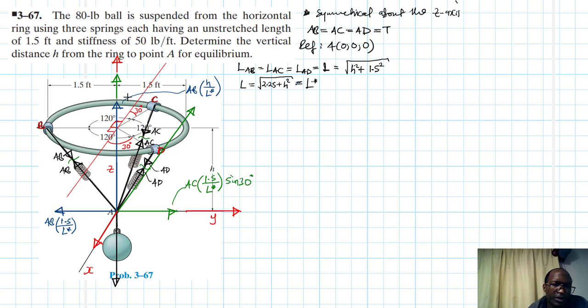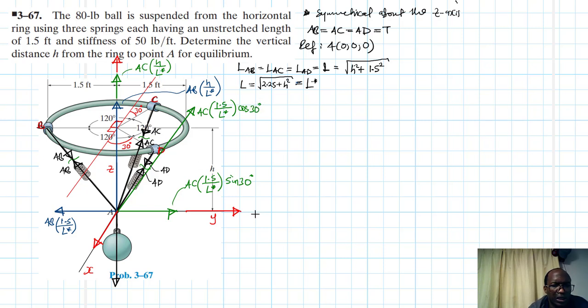Then this one is AC H divided by L star. And then this one is AC 1.5 divided by L star, then times, we are also mapping it on the x-axis, so this becomes cos 30 degrees.